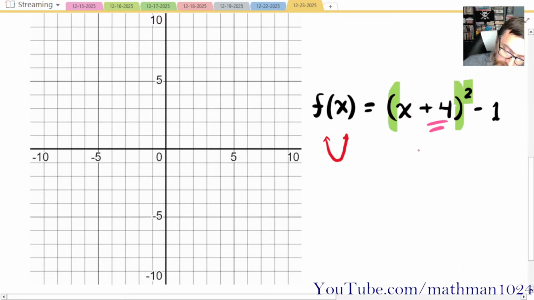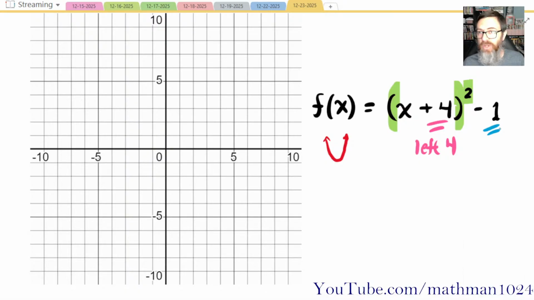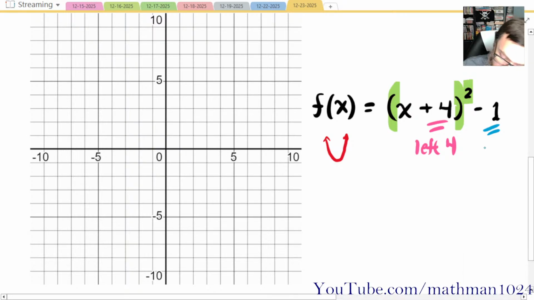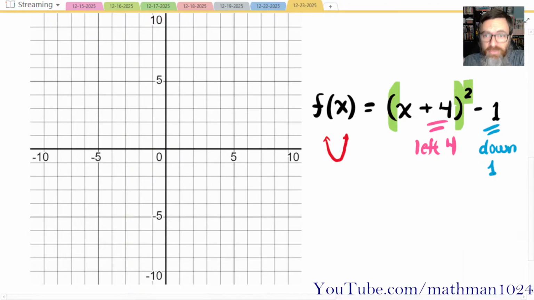So this is actually going to go to the left 4 units. The minus 1, which is outside of the squaring function, tells me how I move vertically, and I do exactly what I see. So I'm going to go down 1 unit. All right, so that means I'm going to take my key point, my vertex, and go left 4 and down 1.